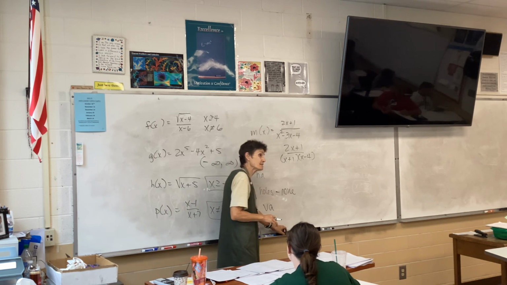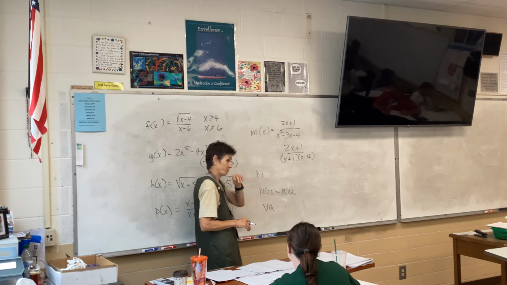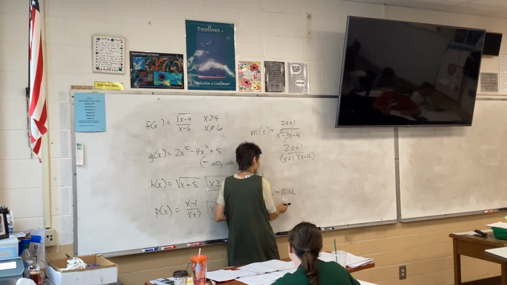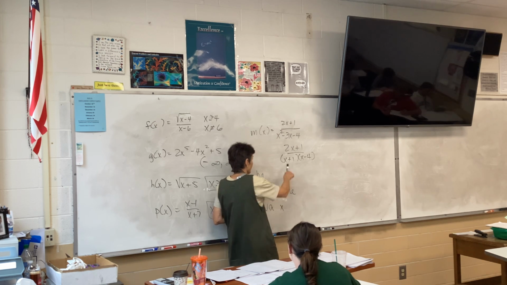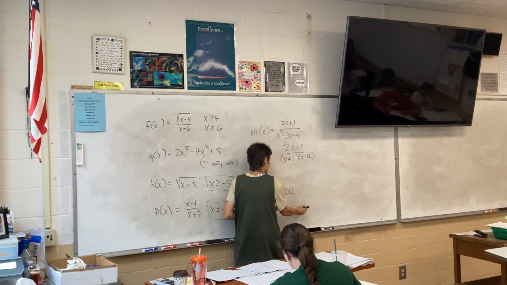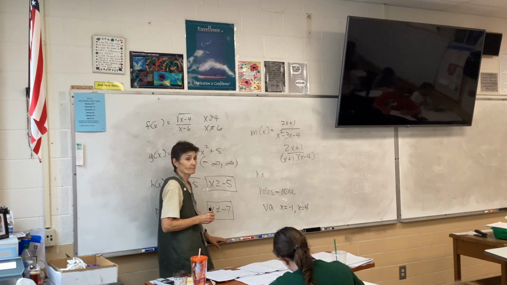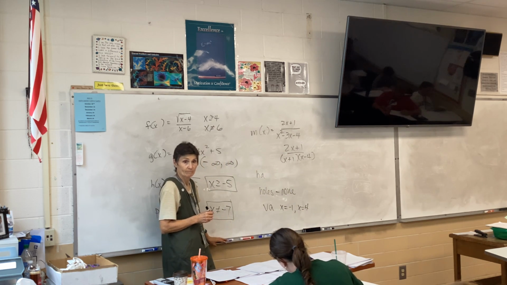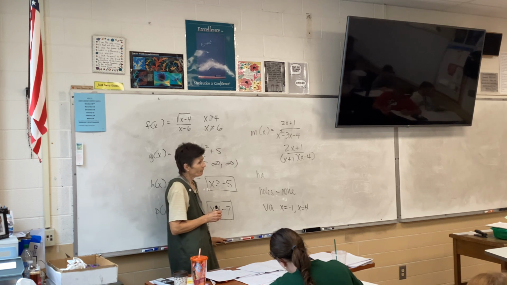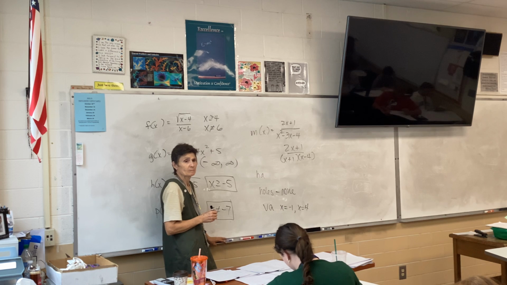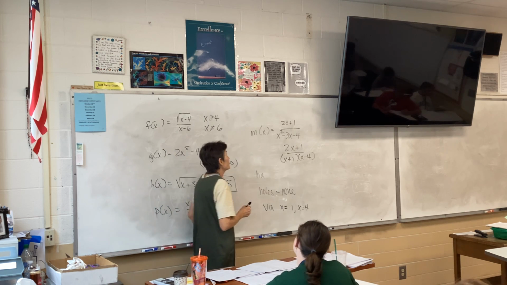Are there any asymptotes? In fact, aren't there 2 verticals? X is -1 and X is 4. How about that horizontal? Very good.